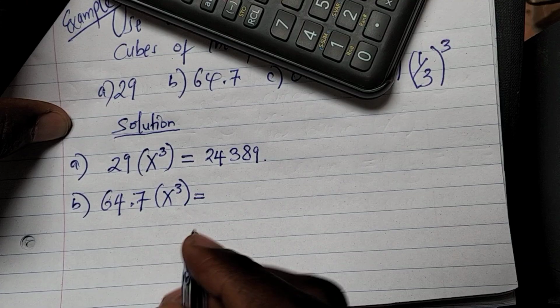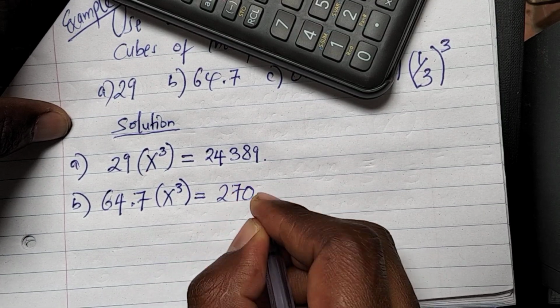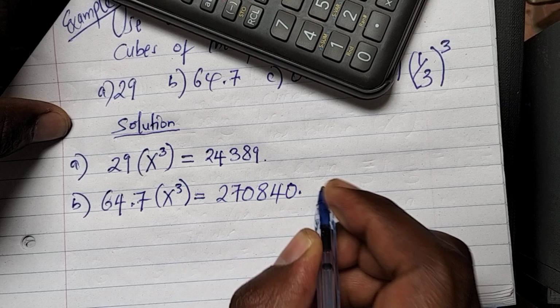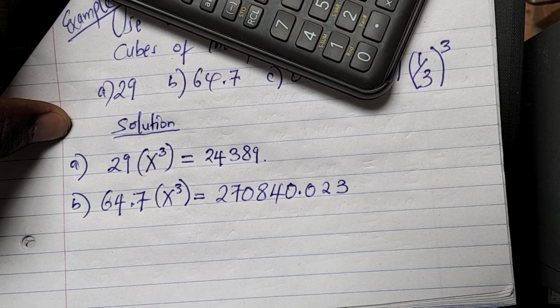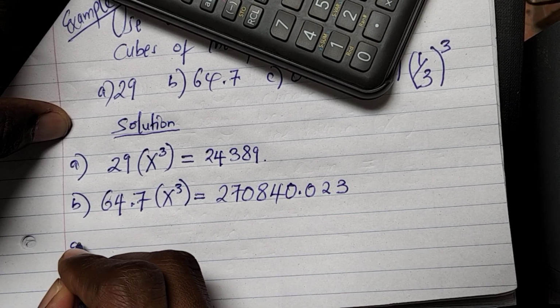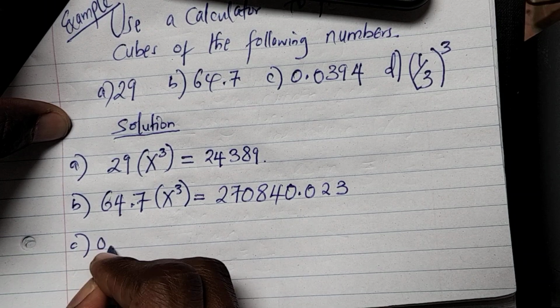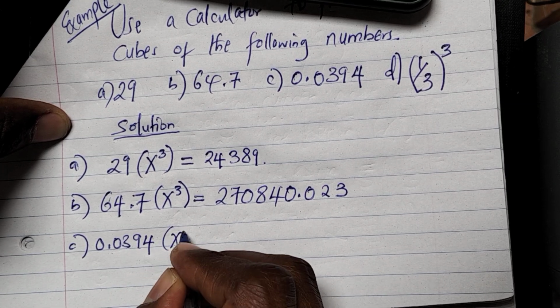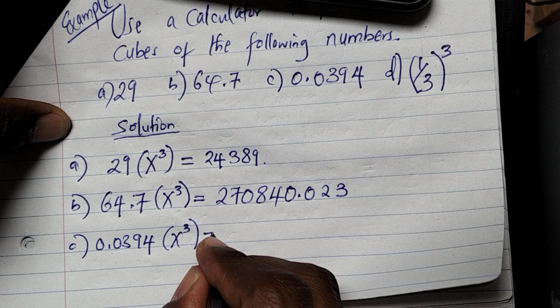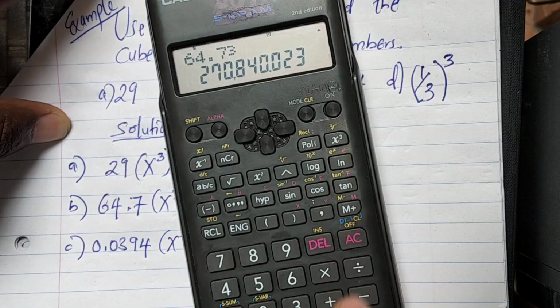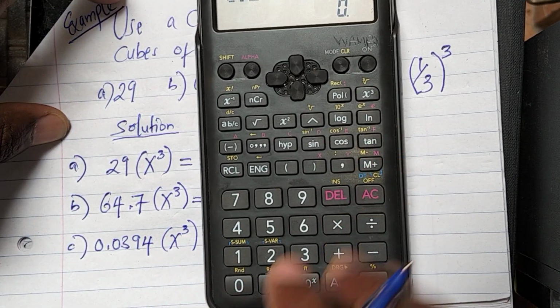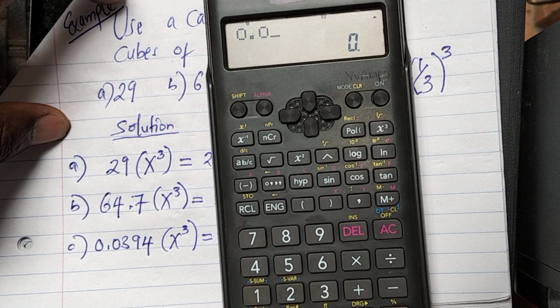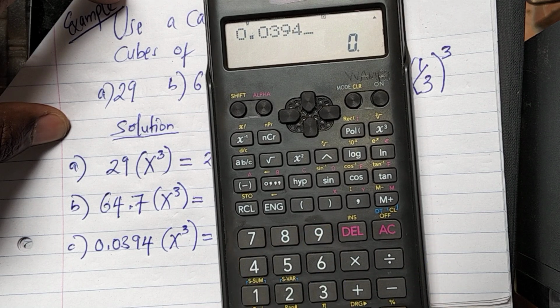Then we have another, C, 0.0394. Then you press cubic button is equals. When the decimals are so many, sometimes the calculator will put that answer in standard form. But we have 0. How many zeros?